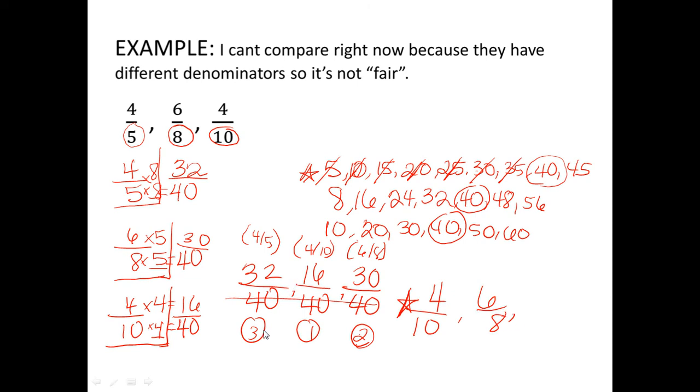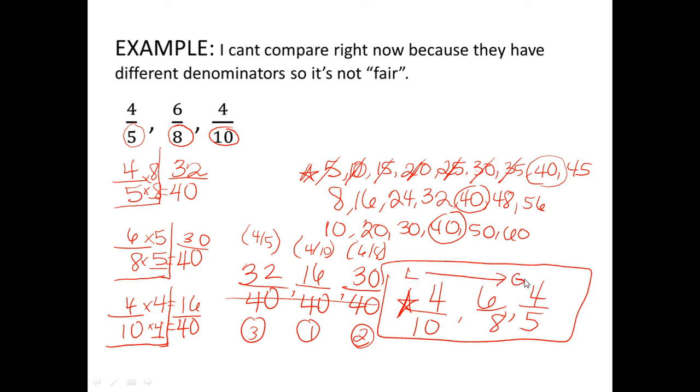And third is 4/5. It was 32 out of 40ths, but remembering that 4/5 was the original fraction. Okay, so this would be our final answer. Least to greatest.